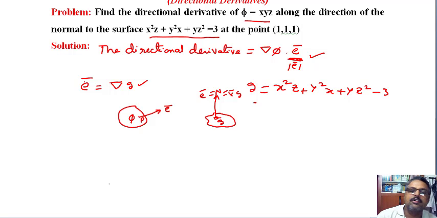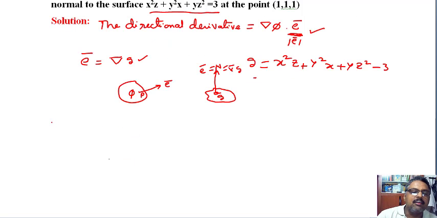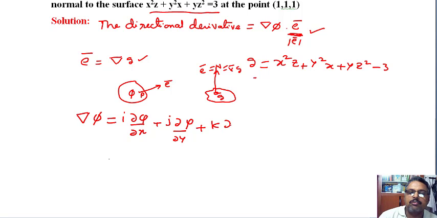Now, solution. First we will find the gradient of phi. Gradient of phi is i dou phi by dou x plus j dou phi by dou y plus k dou phi by dou z.